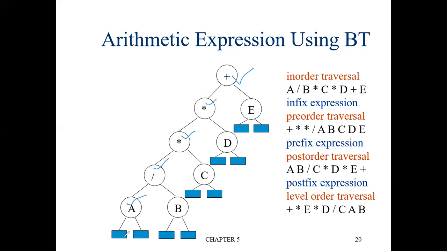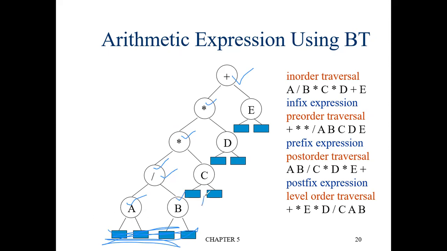So A will be here. There is no value, so you don't consider these leaf nodes. So we go for the left subtree A, the corresponding root, and then the right subtree.